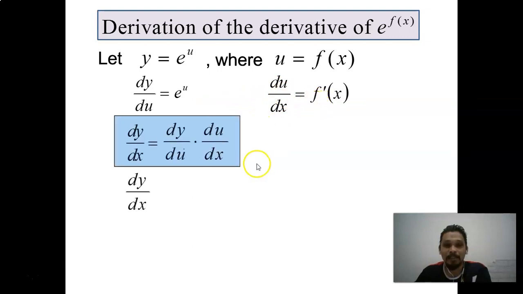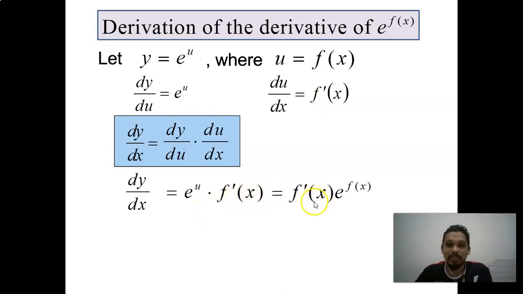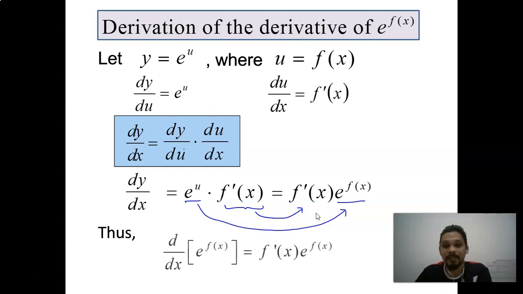So then dy/dx equals, if you see here now, e to the power of u, e to the power of f(x). So here, then here, and f prime here. Thus the derivative of e to the power of f(x) with respect to x equals f prime x times e to the power of f(x).